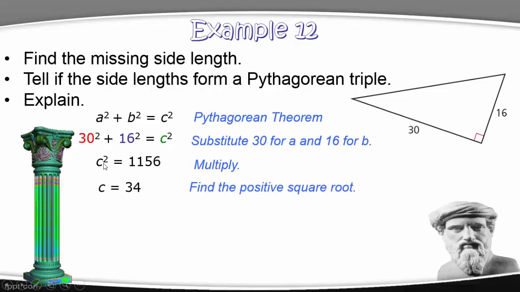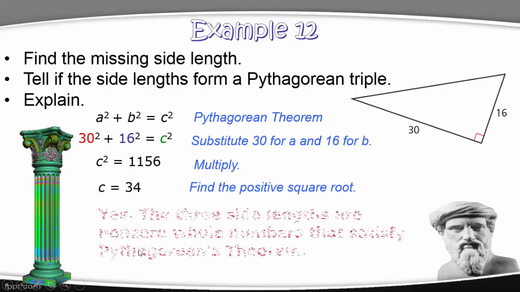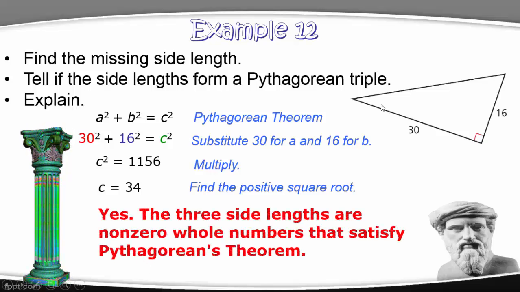And we find that when we take the square root of 1,156, we get 34. And 34 is a nice whole number. So therefore, this is a Pythagorean triple because this is a whole number. The hypotenuse here is a whole number, and as we just showed, it obeys the Pythagorean theorem.